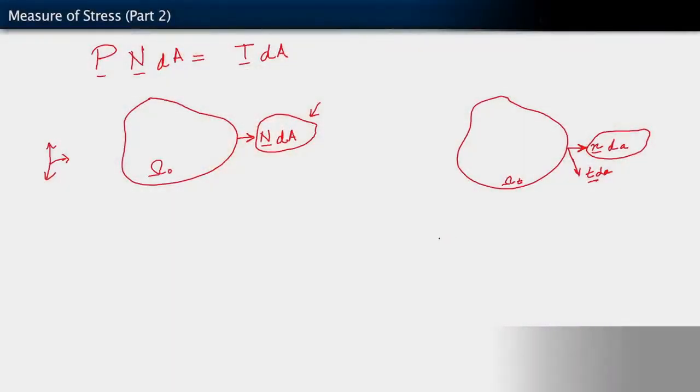The way to understand this, and I understand the possibility of confusion here, is the following. The force is a spatial force. That's where it exists. Now you remember a fundamental property of a vector in space is that you can move it around. This is not a position vector. So when this vector goes there, we call it T dA.